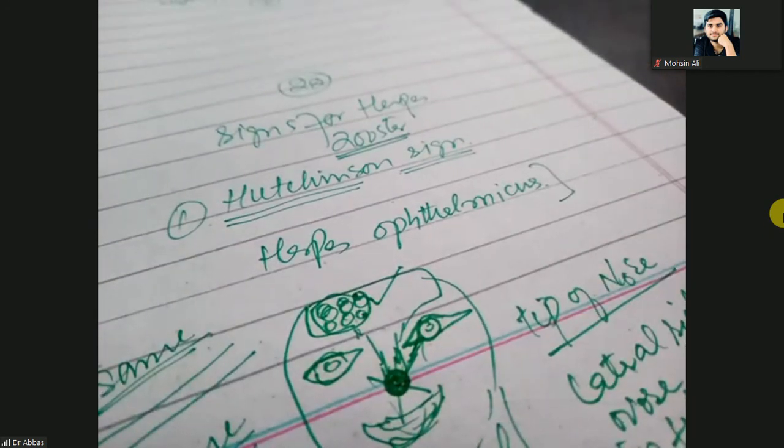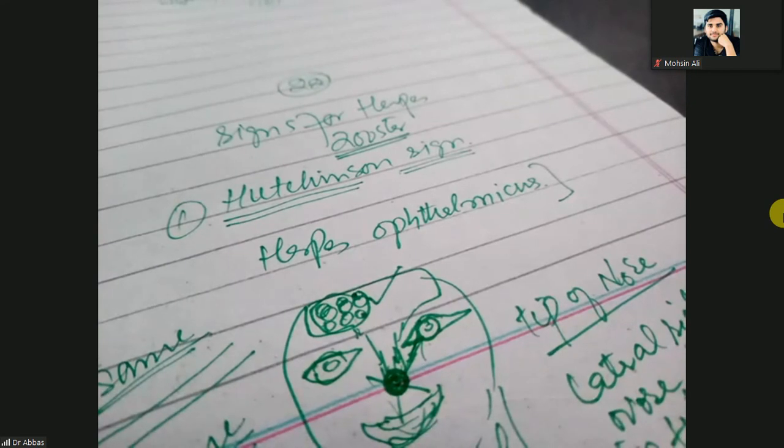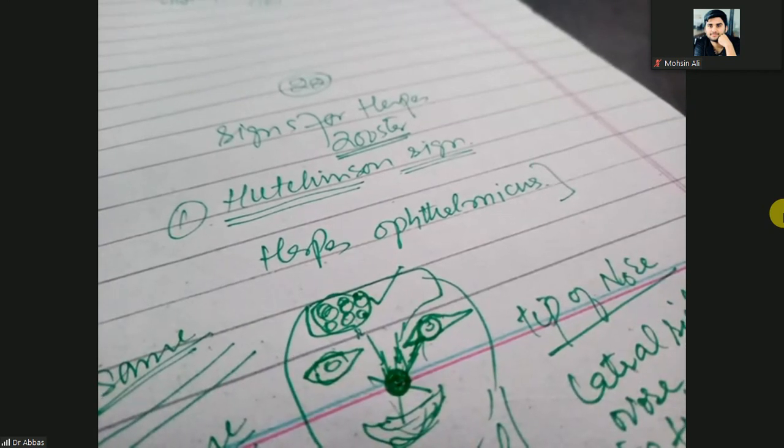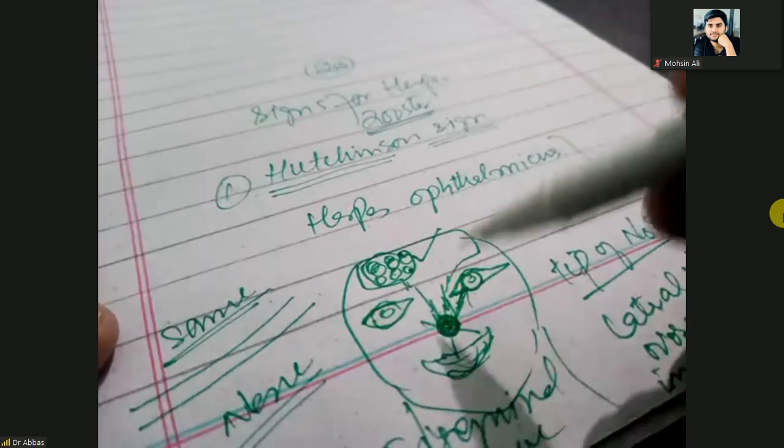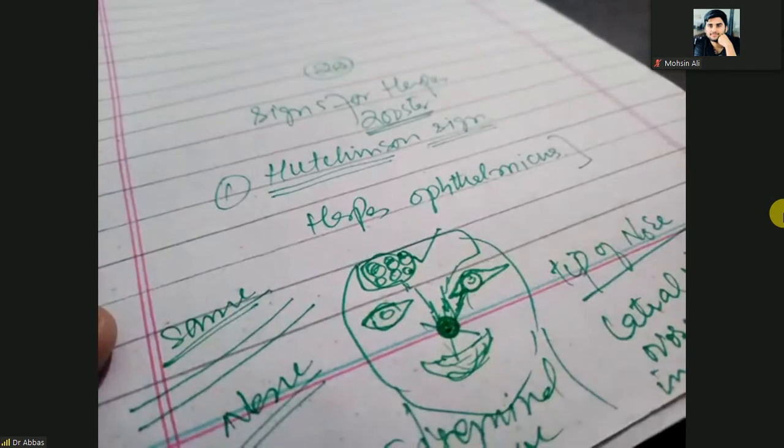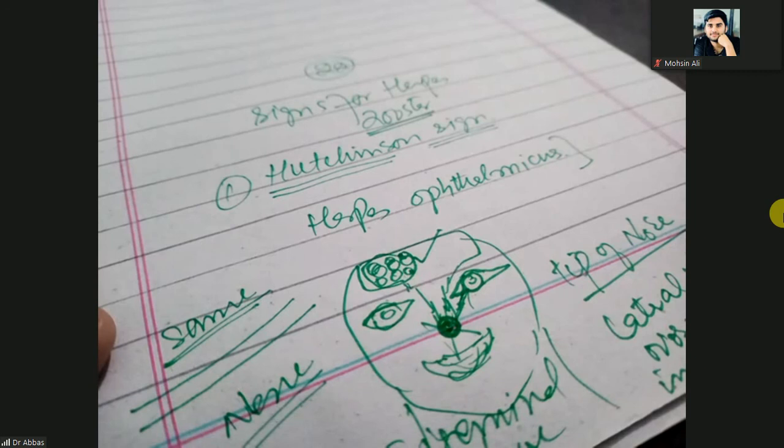Why? Because it is not innervating the ciliary branch of the trigeminal nerve. It is innervating the other branches of the trigeminal nerve. The ciliary branch of the trigeminal nerve supplies both the tip of the nose and the eye, so it can cause herpes ophthalmicus.